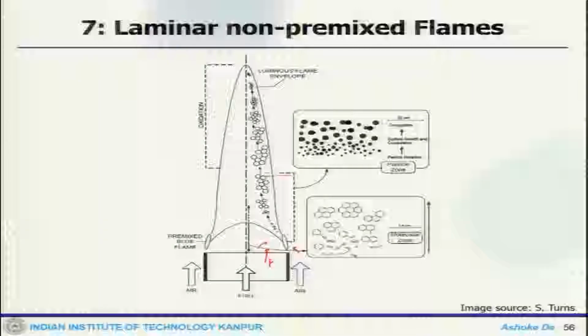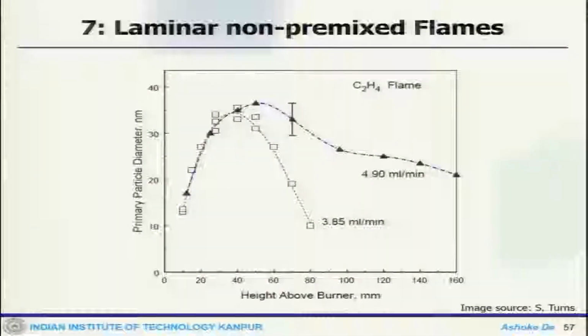In the rest of the height, the total flame height or flame envelope, oxidation takes place. If the oxidation is quite complete, then you do not see these particles at the end of your process, otherwise you get to see these particles.